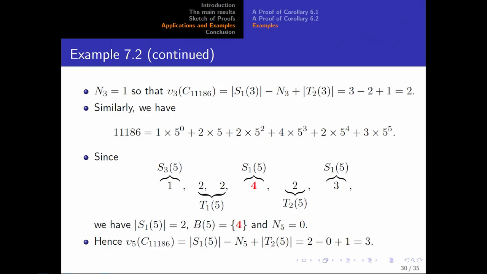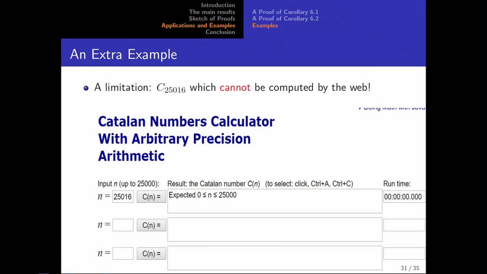So we have the highest power of 3 dividing C1186 equals 2. Similarly, we can expand it in base 5 expansion and classify all the digits again. So we can note that V5 C1186 equals 3.